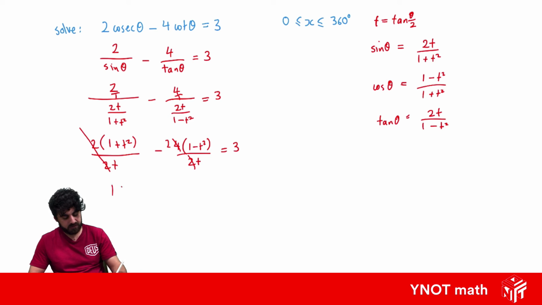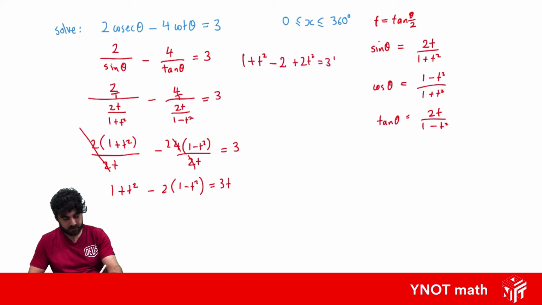So then we're just left with 1 plus t squared minus 2 outside of 1 minus t squared equals 3t by timesing everything by t. Then we're going to get 1 plus t squared. Let's expand this bracket so we get minus 2 plus 2t squared equaling 3t.